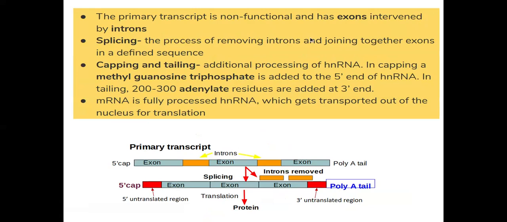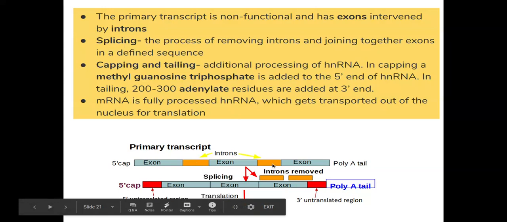The first step is splicing. It needs to undergo splicing. Splicing, which we have seen in the earlier slides, is the removal of the intervening non-coding sequences called introns, marked here in orange. They have to be removed, and the exons will be connected together.